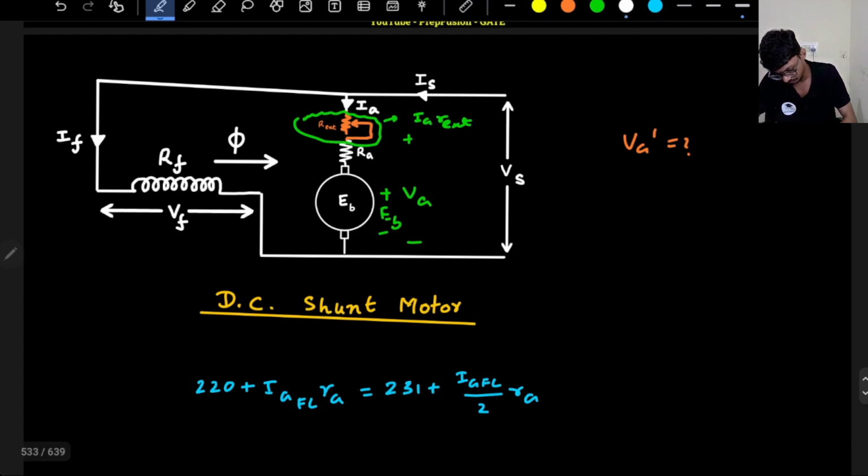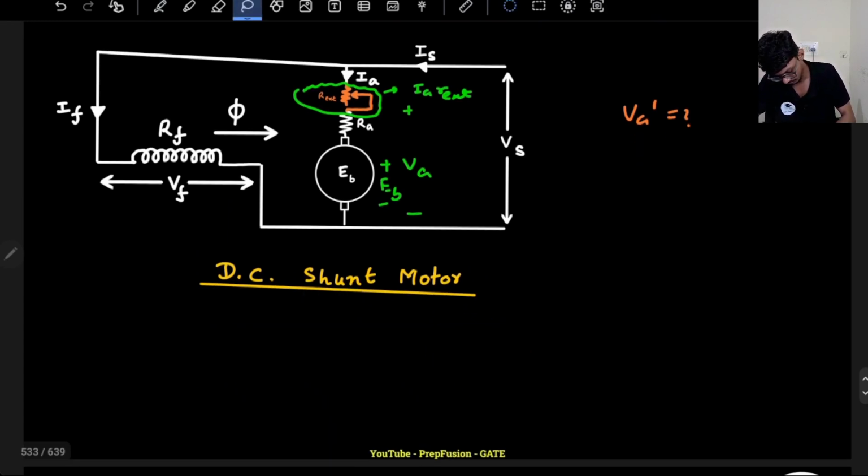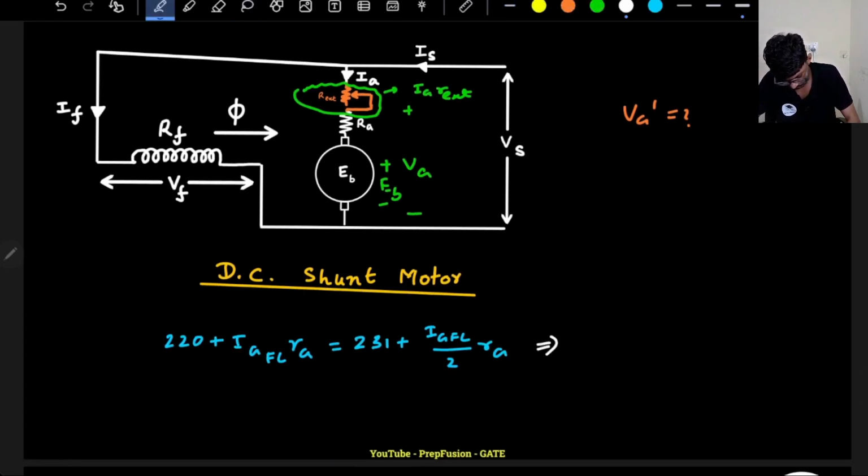From here I can directly say IAFL RA by 2 equals 11. So IAFL into RA comes out to be 22.